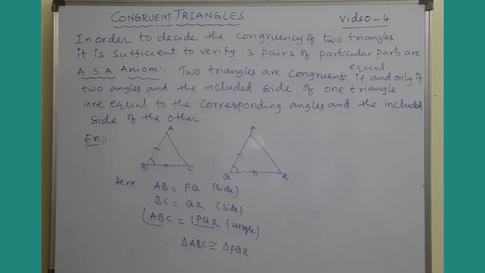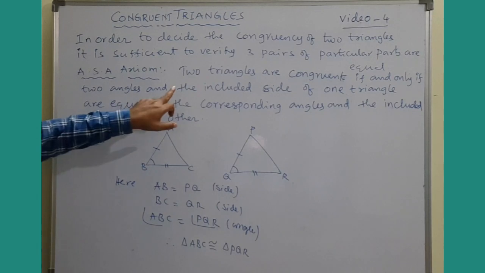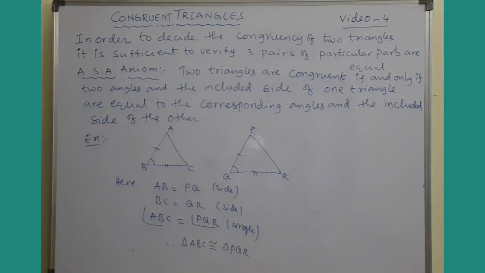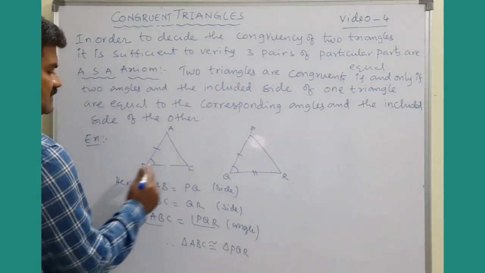Two triangles are congruent if and only if two angles and the included side of one triangle are equal to the corresponding two angles and the included side of the other. For example, this is the way.